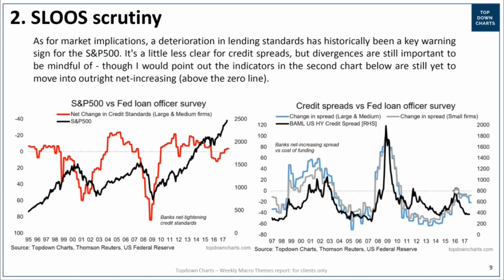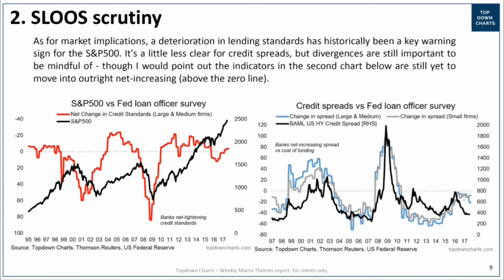And the other one here, just for closing off, is the high yield credit spreads versus the change in spread versus cost of funding. You'd expect these two to move roughly in line because they're measuring fairly similar things. But when you see a divergence, or you see that line cross above zero, that tends to make you increasingly bearish on credit. Certainly this is one reason you might be a little less optimistic on high yield credit.